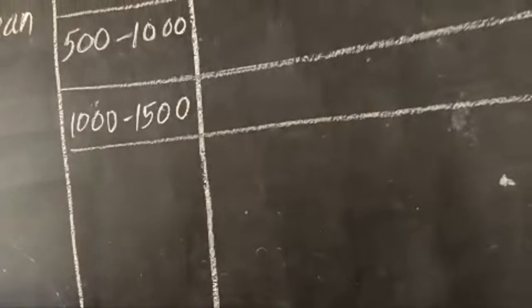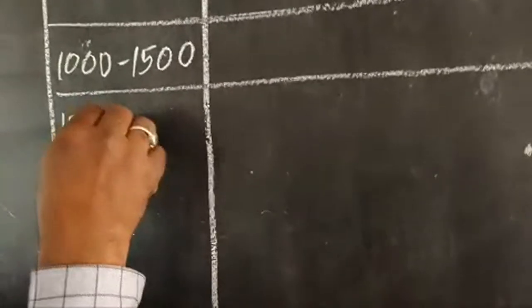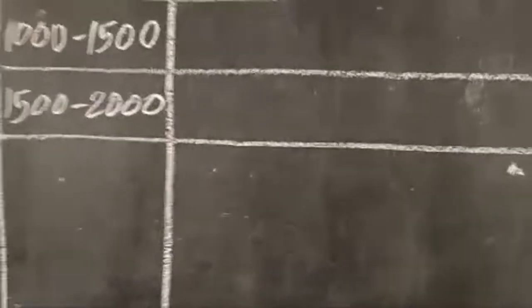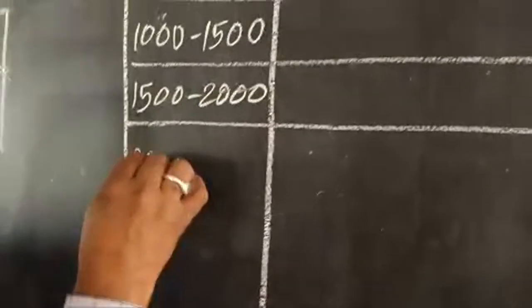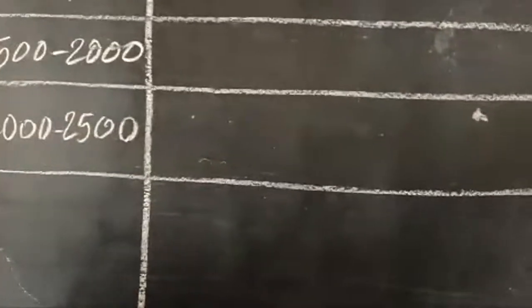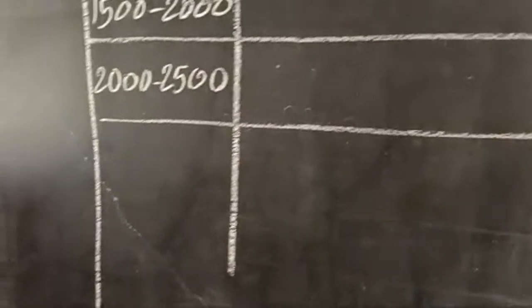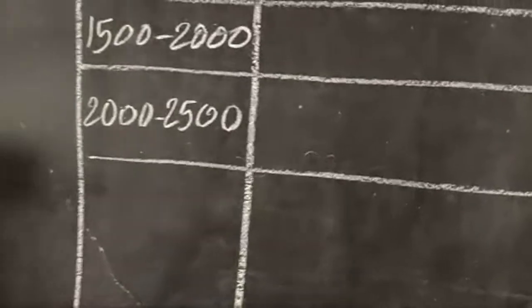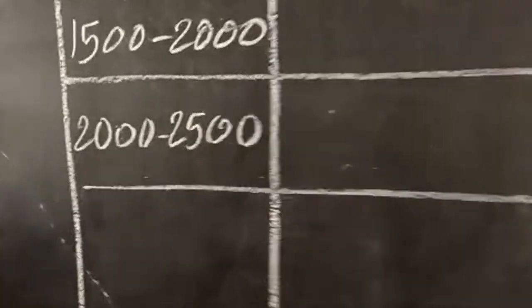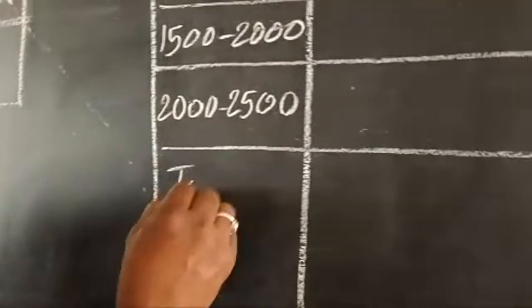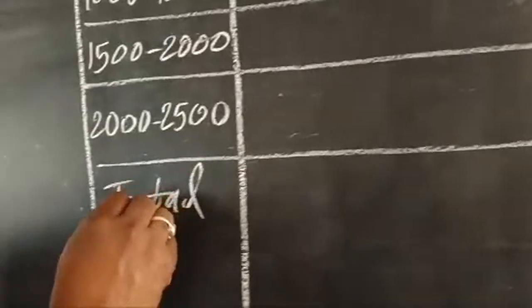Next, and next class is 2000 to 2500, that is the last class. Therefore after that we take total.